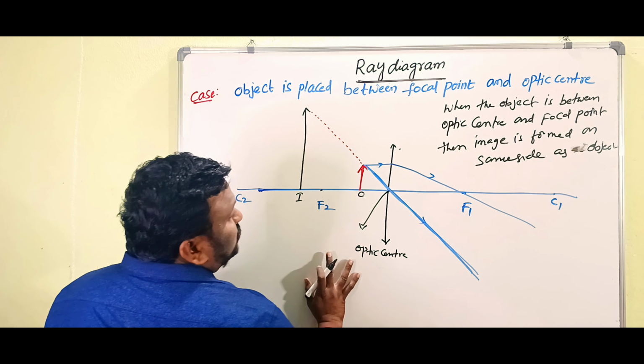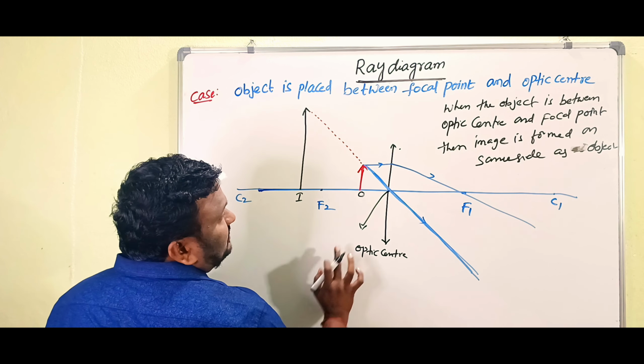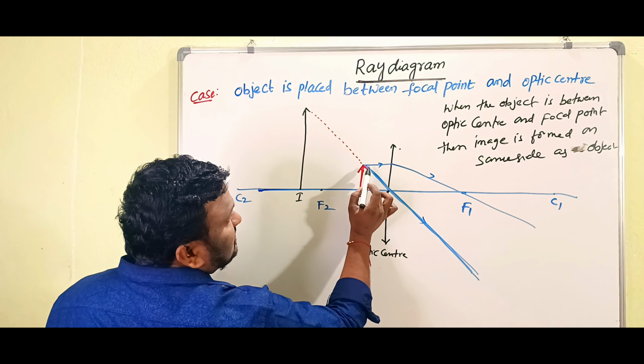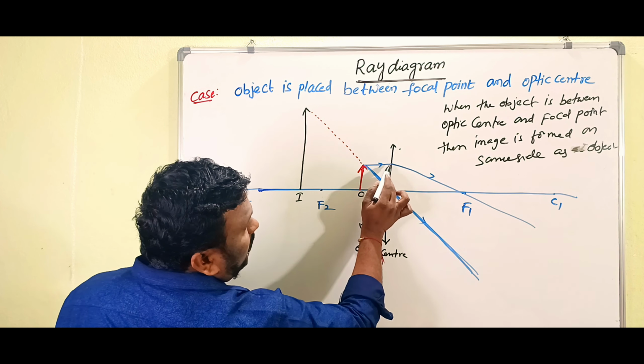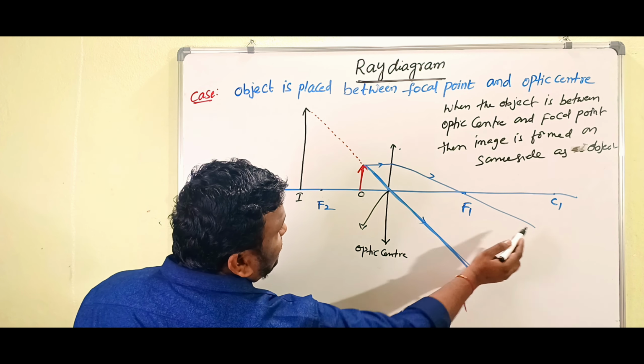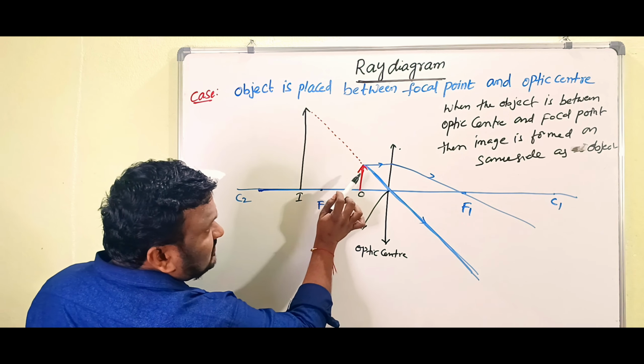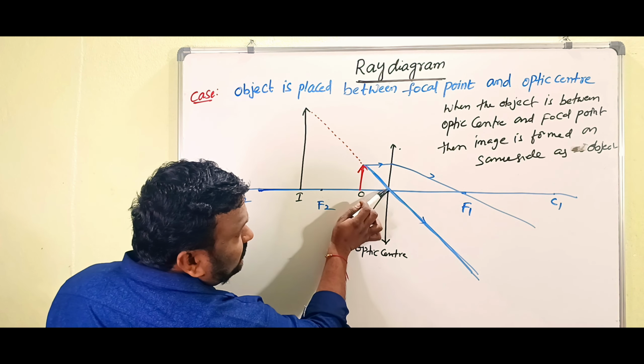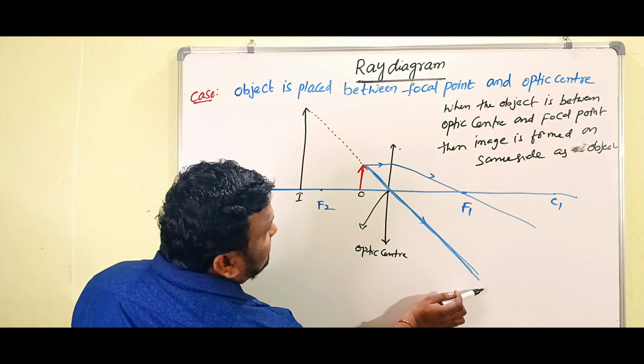Clear? So in this case you have to understand that the object is here, and from it one light ray is parallel to the principal axis. After refraction it passes through the focus, and the next ray is incident normally at the optic center without deviation. That goes like this.